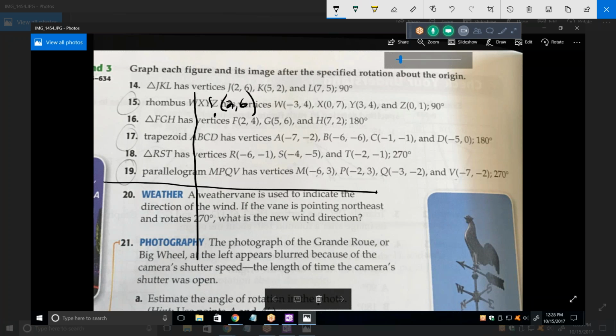That's J. K is 5 comma 2. And L is 7 comma 5. Notice I just approximate. That's all you really need to do. You don't need to draw a grid and get it exact.